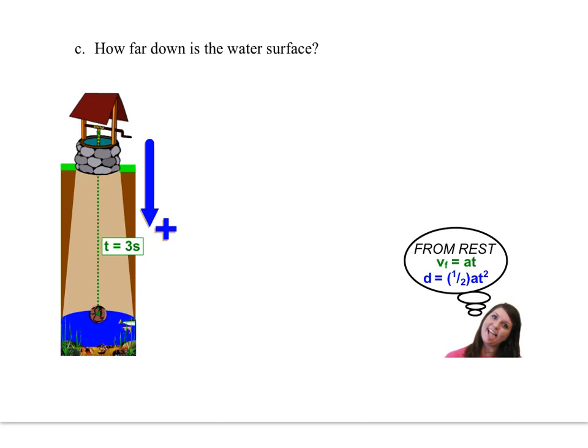Part C says, how far down is the water surface? In part B, we calculated this average velocity as 15 meters per second, and it takes 3 seconds for the coin to make it down to the bottom of the well.